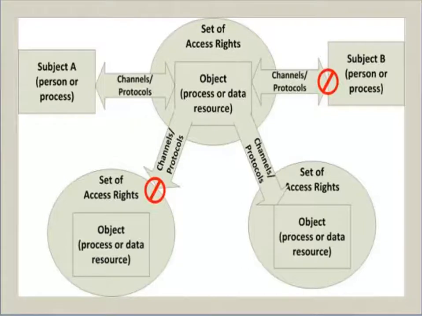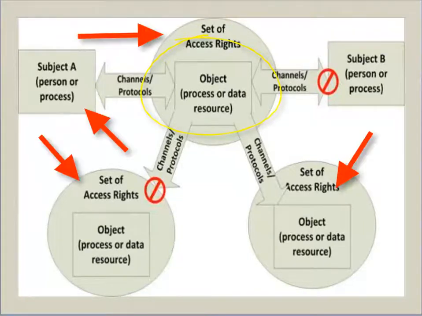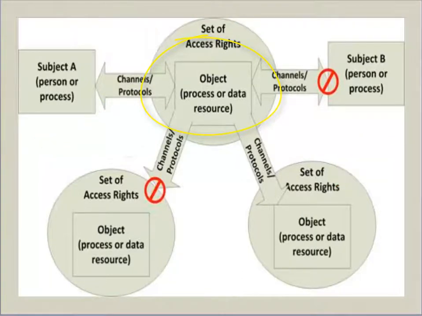So each object, could be a process or a data resource, has a set of access rights. It uses those rights to reach out over channels and protocols to connect to other resources. Or a subject will also reach out to that device or process and try to connect.